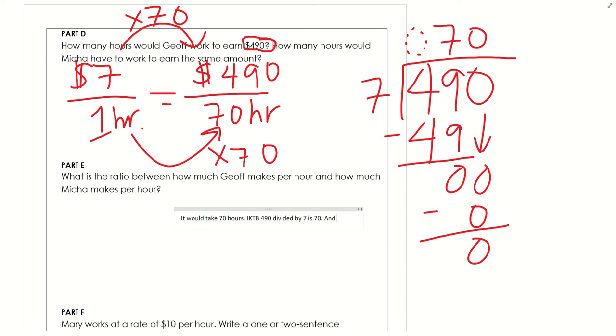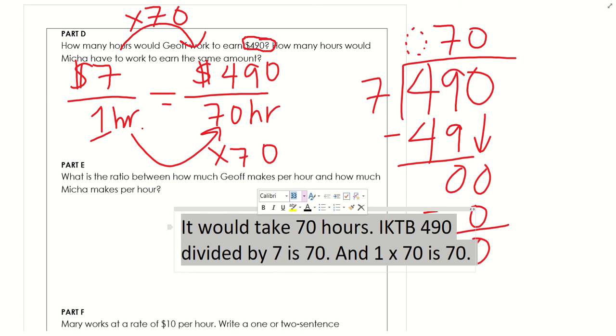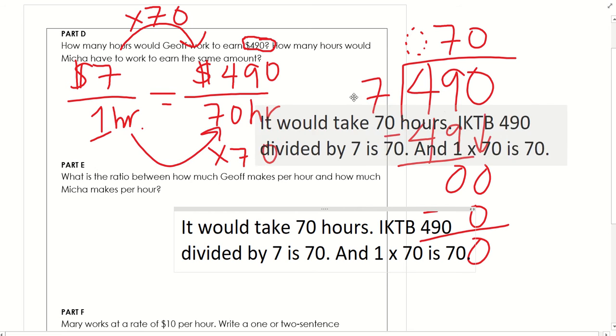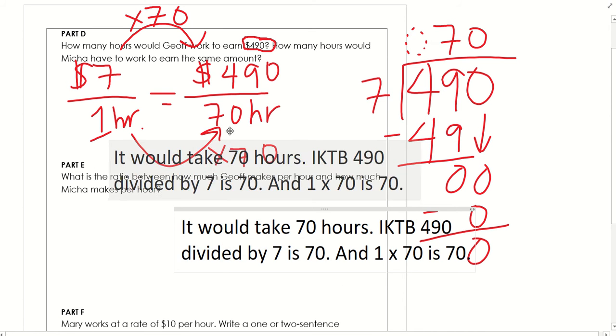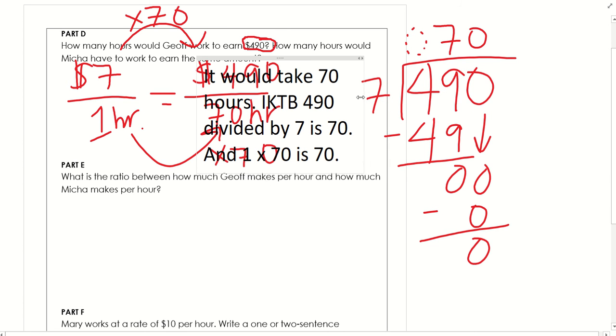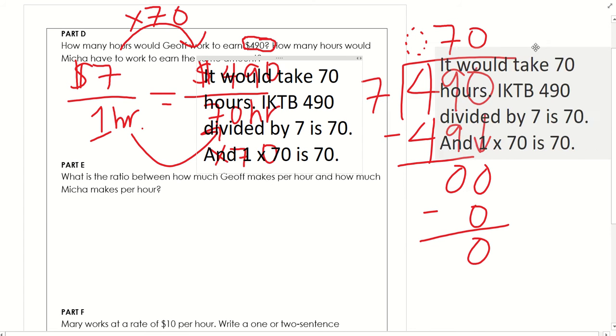And 1 times 70 is 70. I'll go ahead and enlarge this font. And then I'll put this up closer. I don't want it to be in the way of the work. Yeah, there we go.